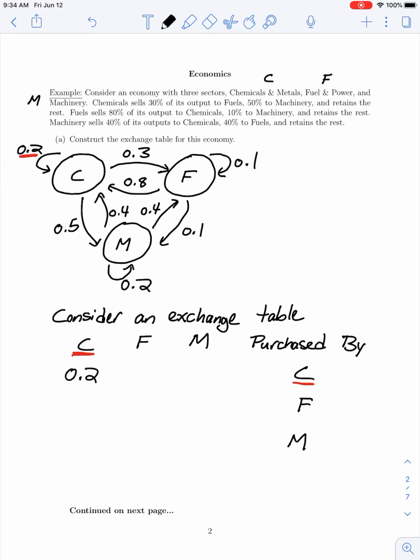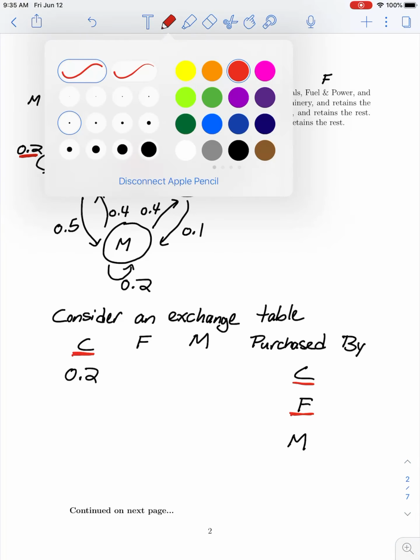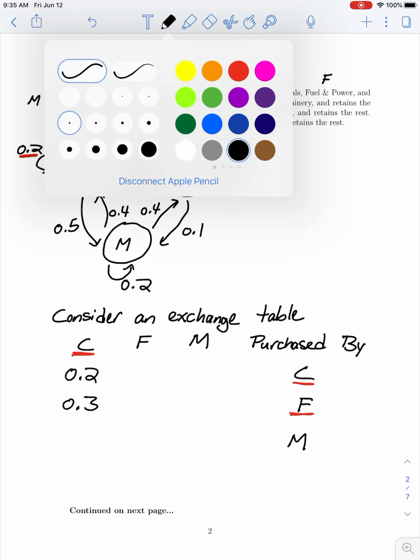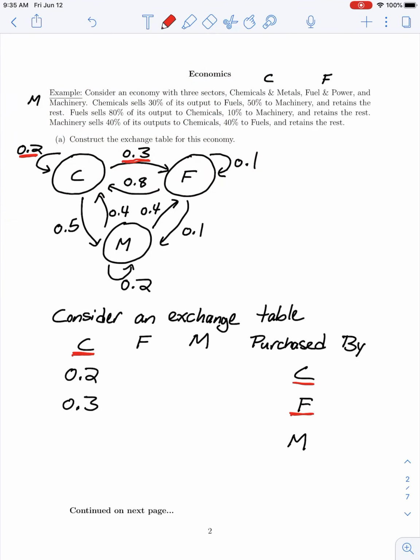Now moving to the second row in that first column, we're looking for the proportion of coal output which was purchased by the fuel and power sector. So looking at from coal to fuel and power, we had a value of 0.3. And then for our last row in this first column, we're looking for the percentage of output from coal that was purchased by machinery.